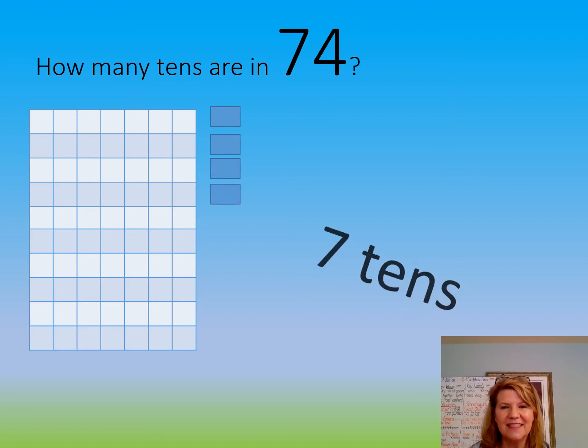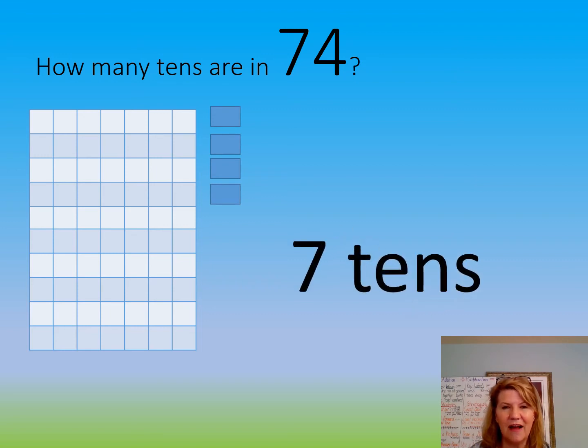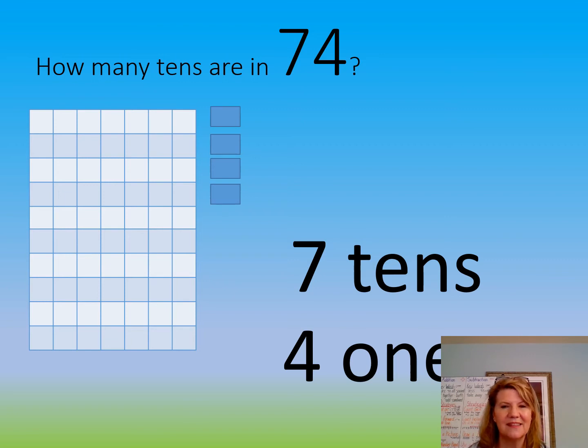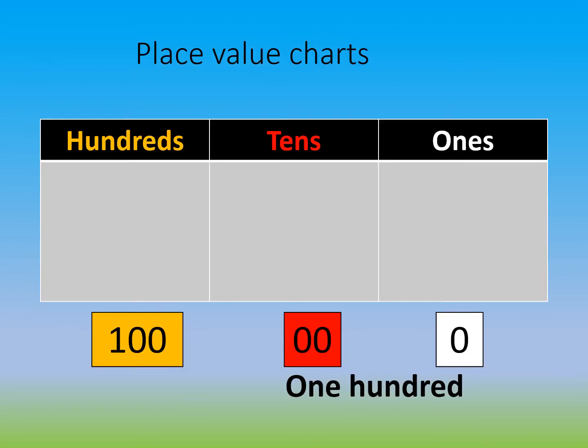Did you say 7 tens? Good job. How many ones are in 74? If we have 7 tens, how many ones? 4 ones. Good job.